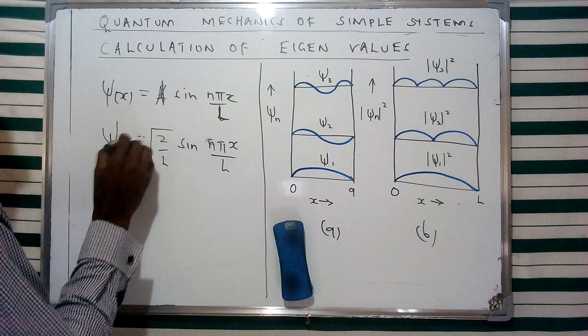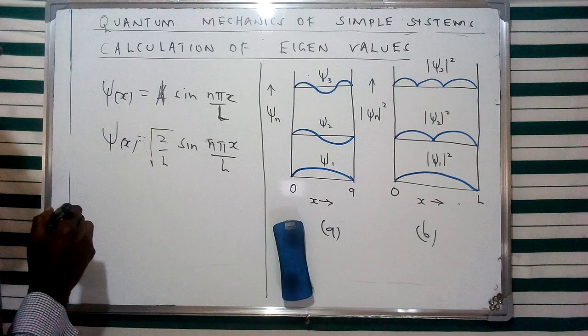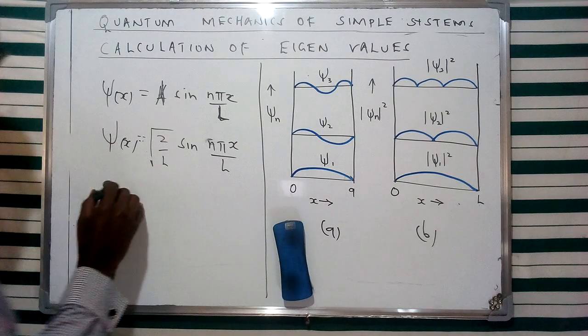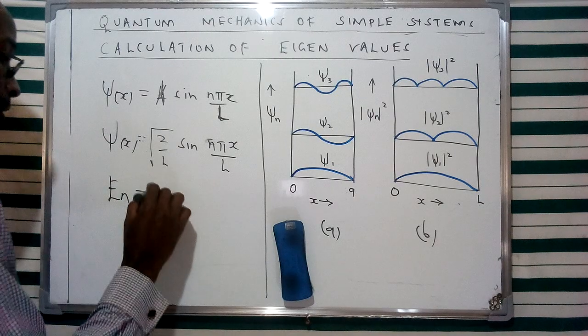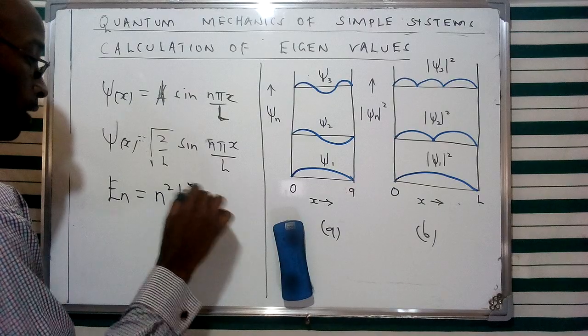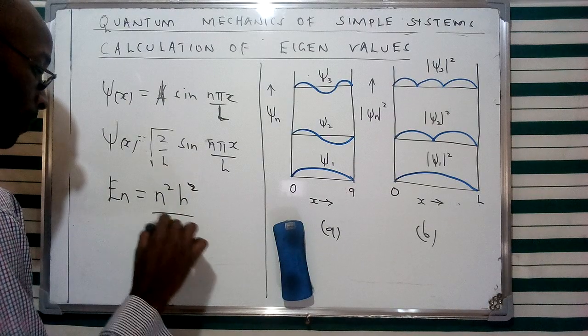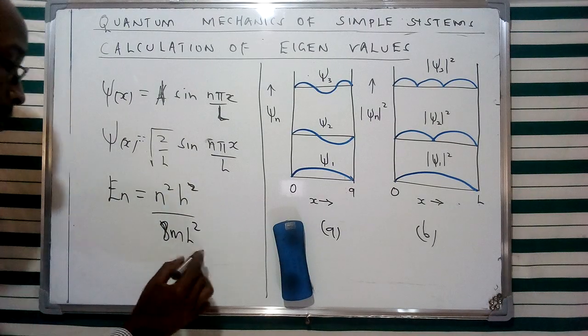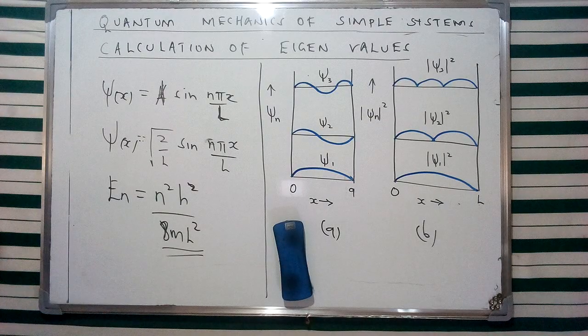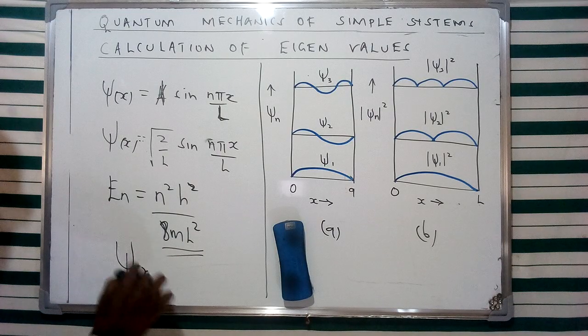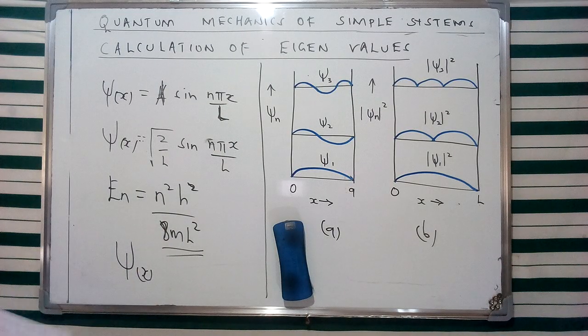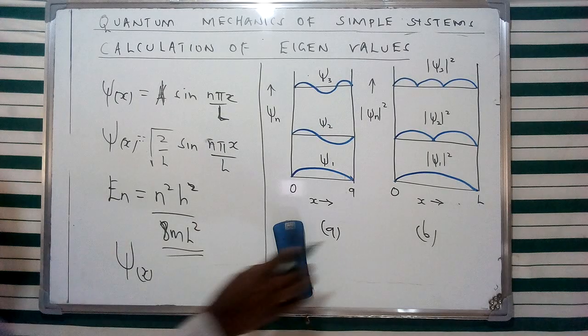So in this specific part, we're going to find a way of describing this specific aspect of the eigenvalues, which are described in terms of n squared h squared over 8 m L squared given as such. And of course, I've said that in representing this specific aspect of the eigenvalues, we can have eigenfunctions represented, particularly in terms of that representation of using the wave function.